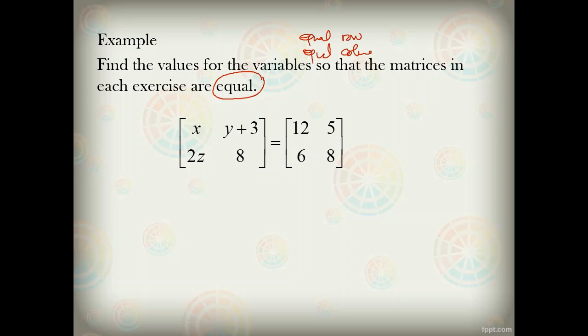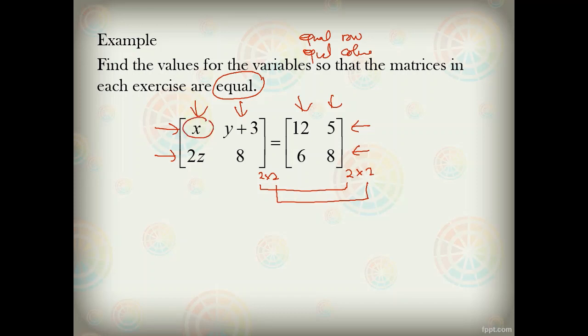Here you have a 2 by 2 matrix because you have 2 rows and 2 columns. The other side is also 2 by 2. So they have equal rows and equal columns, and we can say that these two matrices are equal, so all the elements inside are equal.